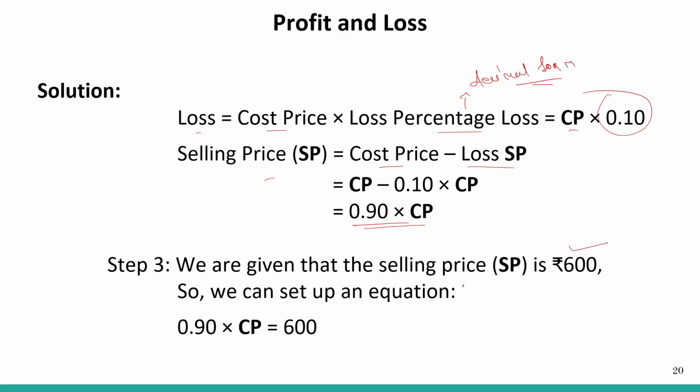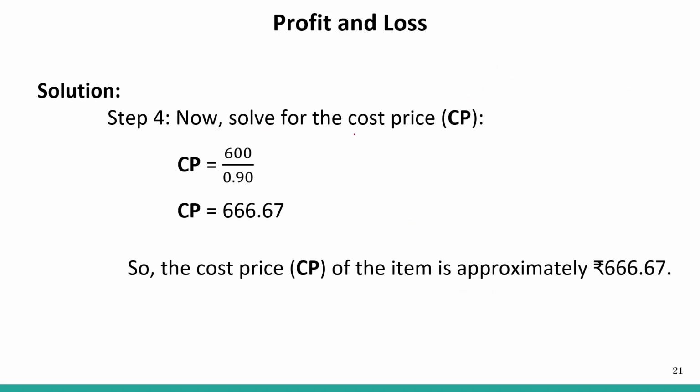So we can set up an equation: 0.90 into CP is equal to 600. Now solve for the cost price. So CP is equal to 600 by 0.90. So CP is equal to 666.67. So the cost price of the item is approximately 666.67.